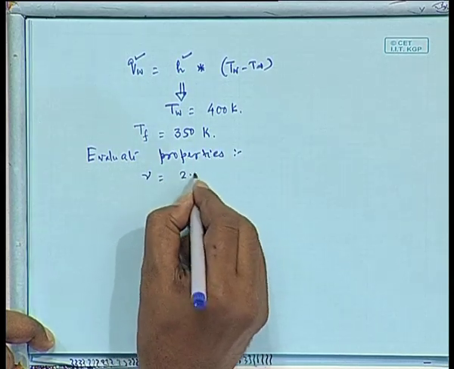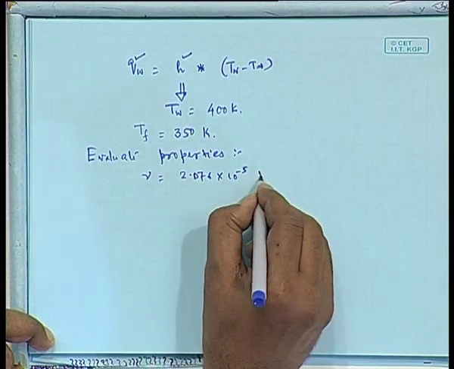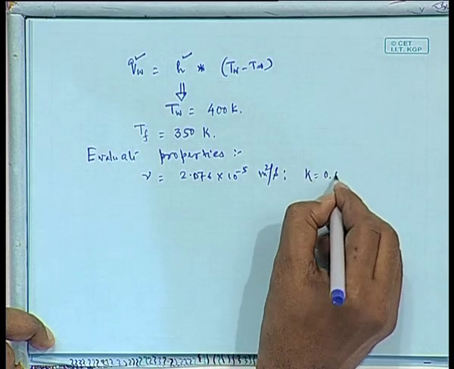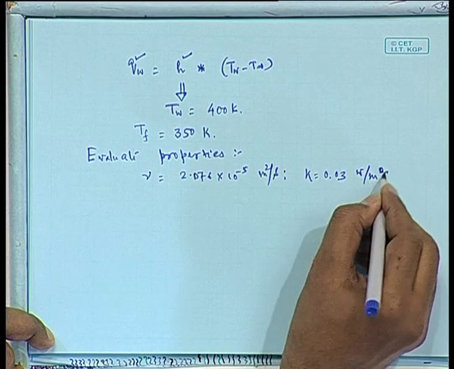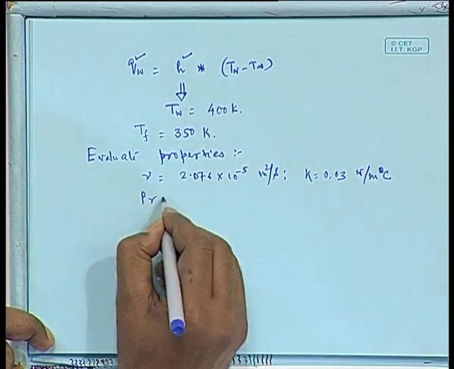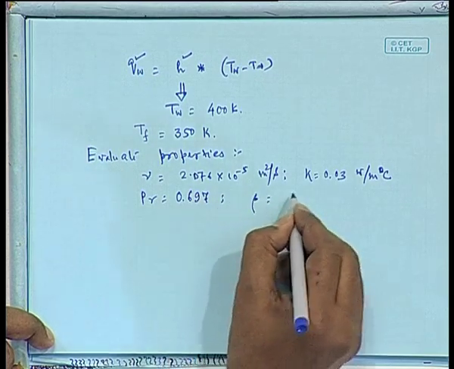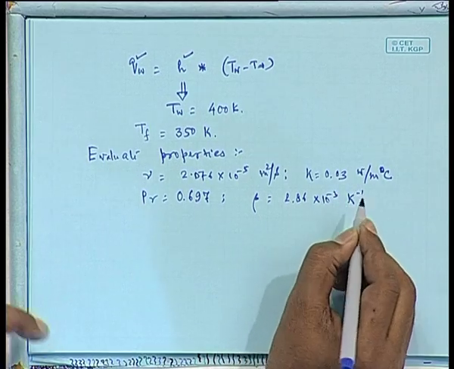Nu is 2.076 10 to the power minus 5 meter square per second, K is 0.03 watt meter degree centigrade, Prandtl is around 0.7, beta is 2.86 into 10 to the minus 3 Kelvin inverse.